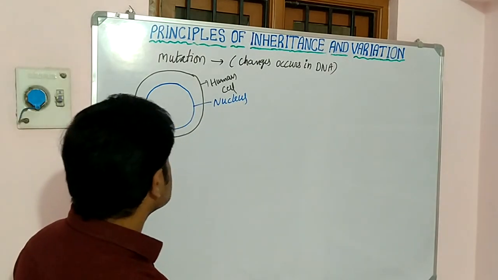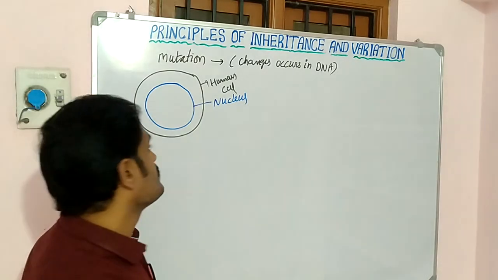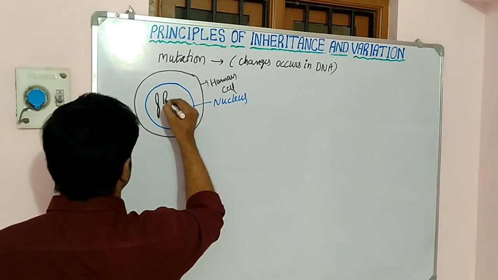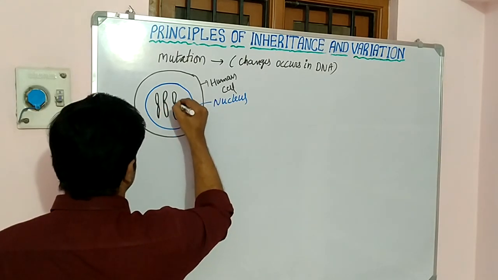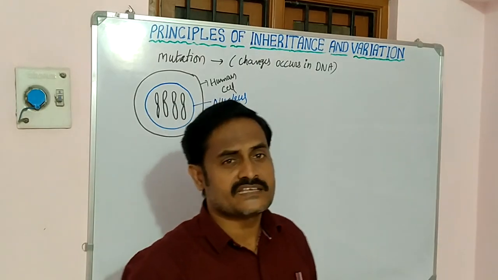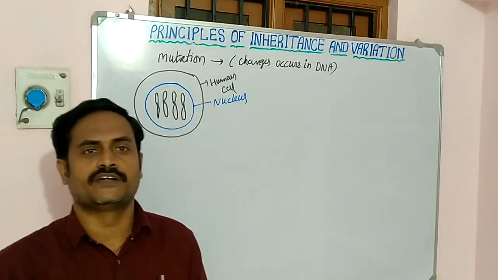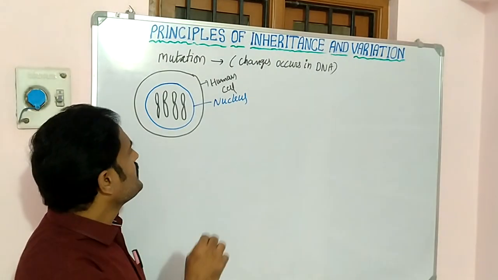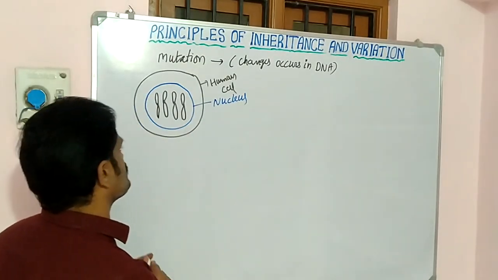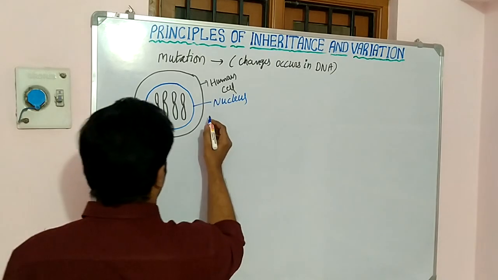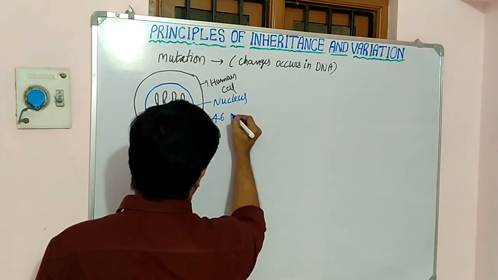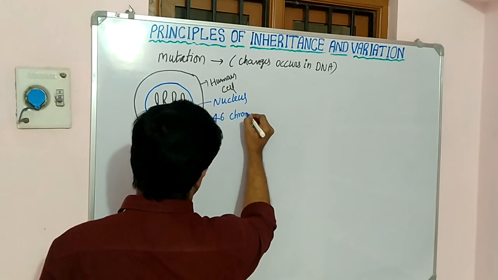Then, inside the nucleus there are chromosomes. Commonly, each and every cell in the human body consists of 46 chromosomes. Remember, how many chromosomes are present in the human cell? 46 chromosomes.